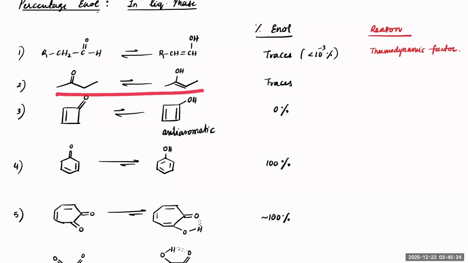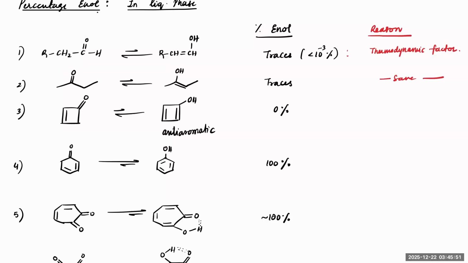Next, between these two. Right, next one. Next one, you check out the number of alpha hydrogens here. But still this is ketone and this is enol. So it is still going to exist only in traces, because of the same thermodynamic factor.